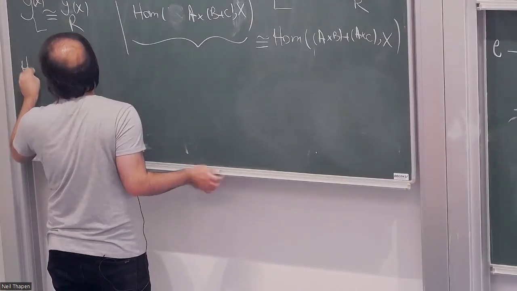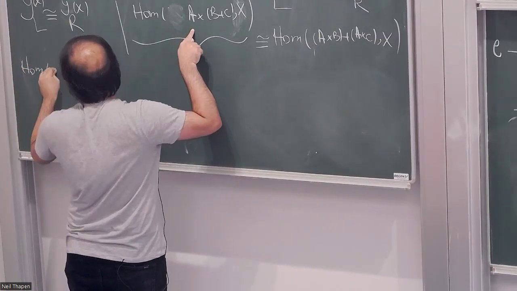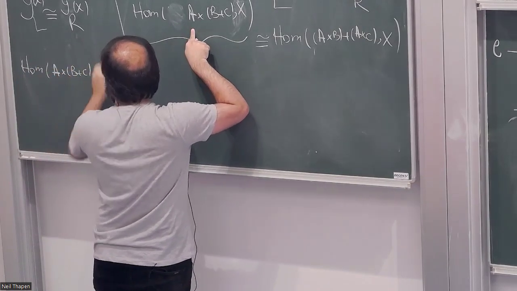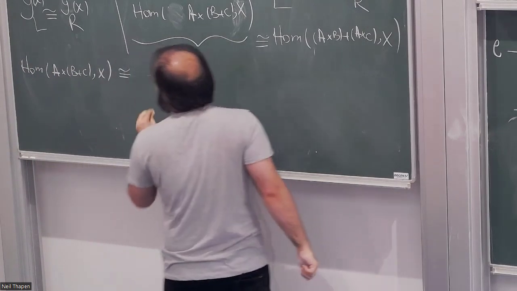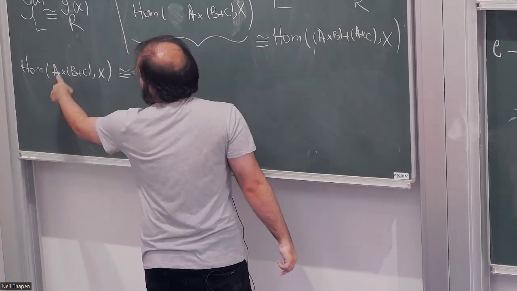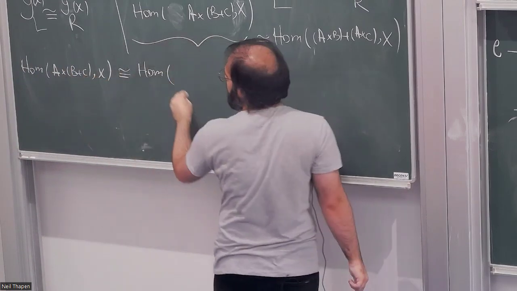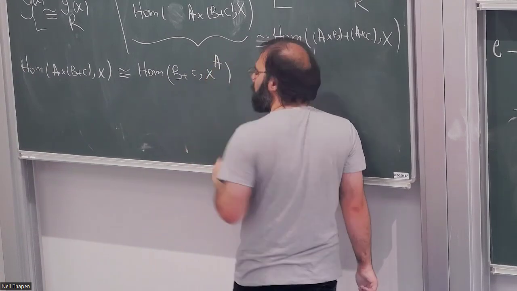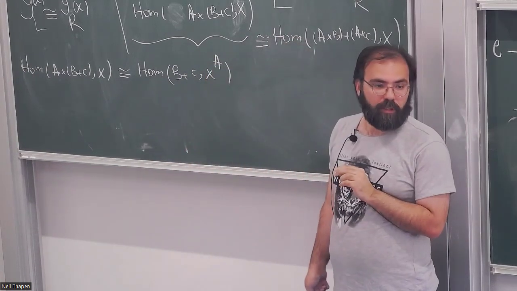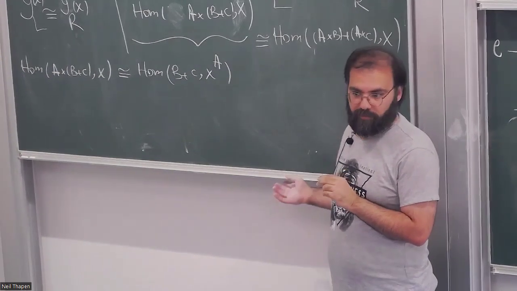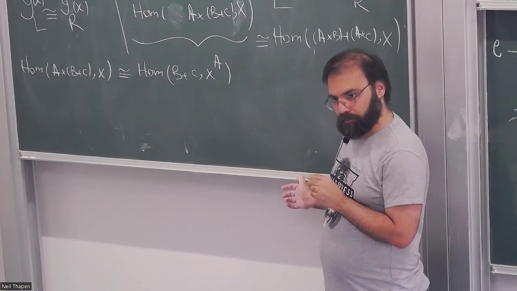So if I start here, then since I have exponentiation, right, I can move A there and say that I have this. That's just a consequence of the definition of exponential, right?